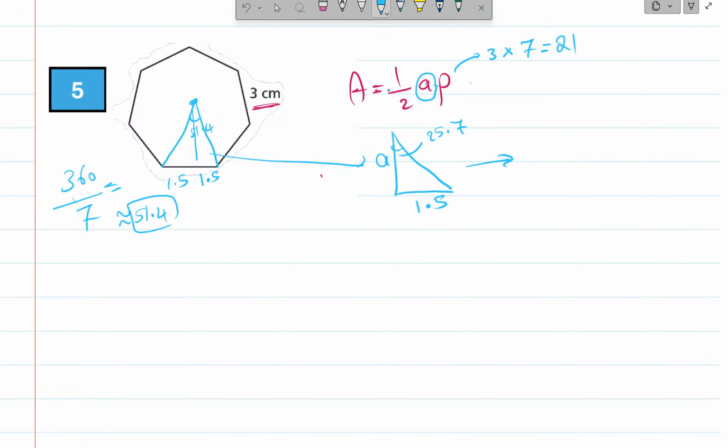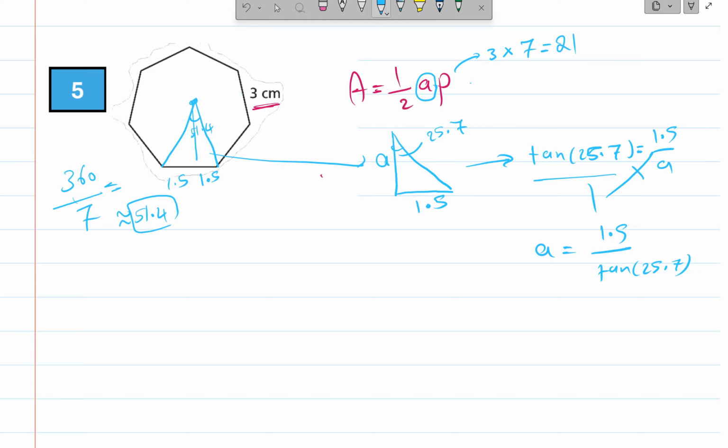Now tan 25.7 equals 1.5 over a. Cross multiply, a equals 1.5 divided by tan 25.7.